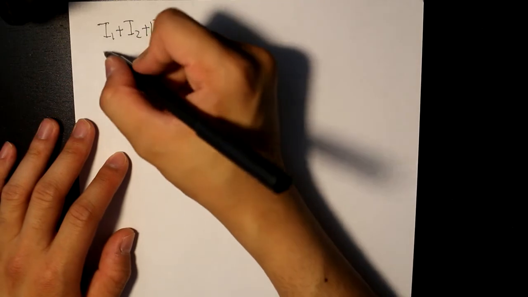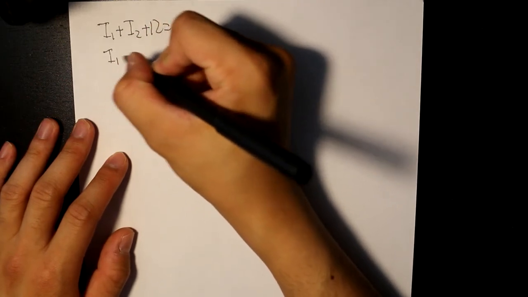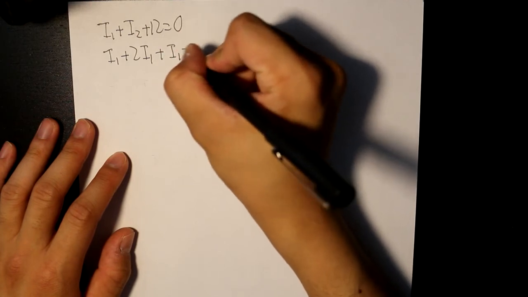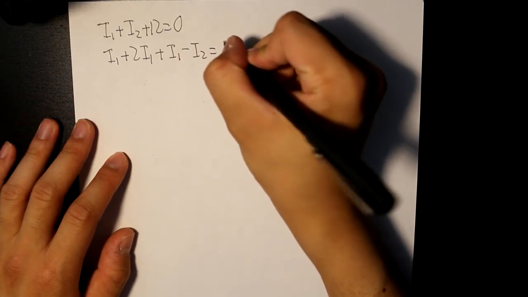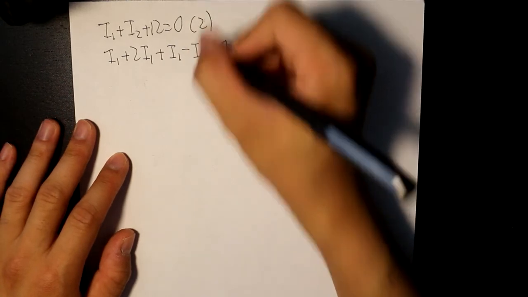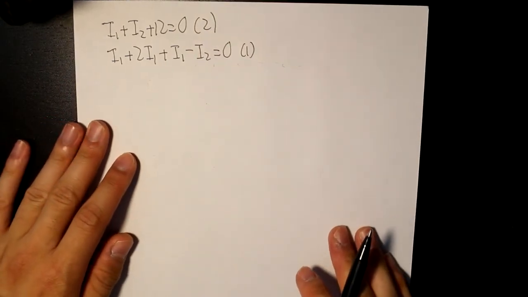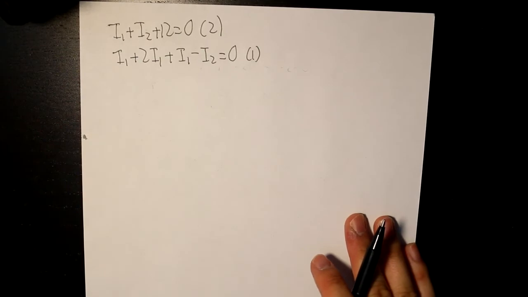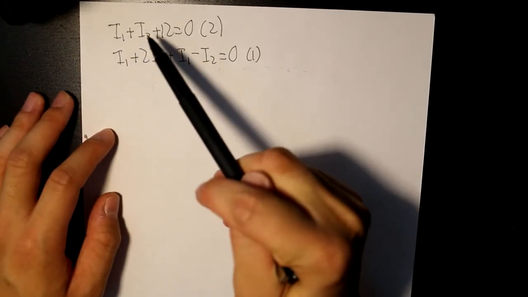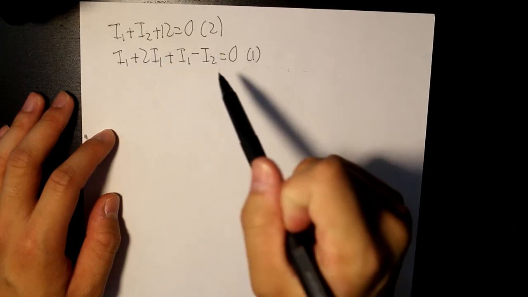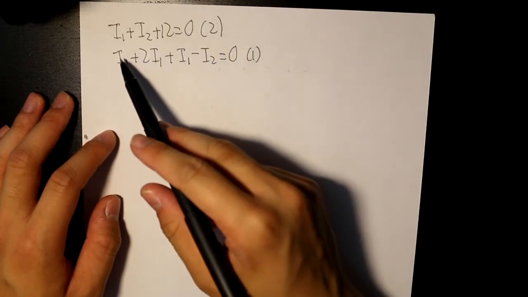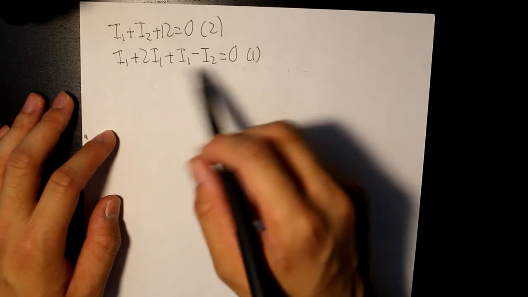And our first equation, which is I1 plus 2I1 plus I1 minus I2 is equal to 0. So this is equation 1 and this is equation 2. And now we can solve for either one of these 2 variables because we're already given these 2 equations. So let's just factor out this one first.